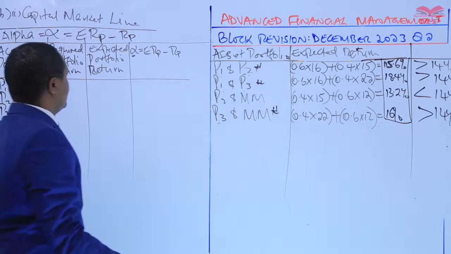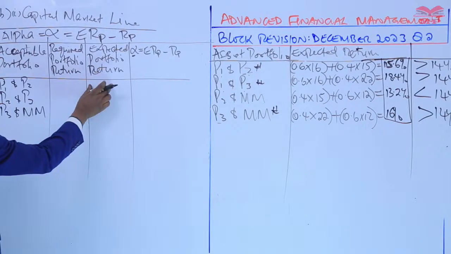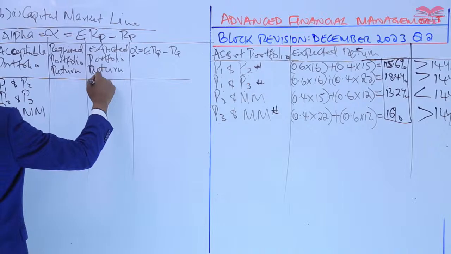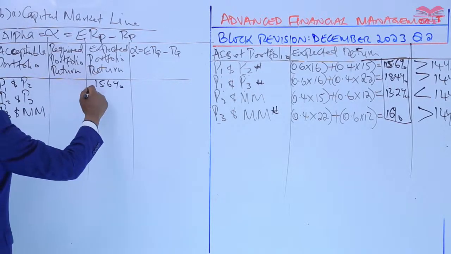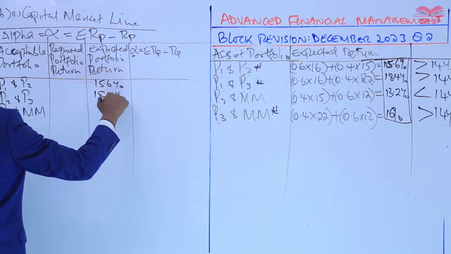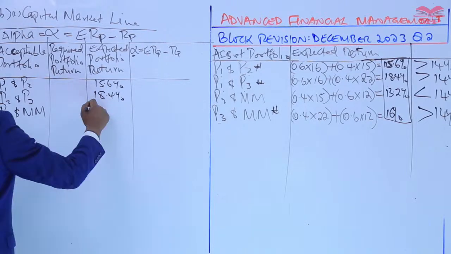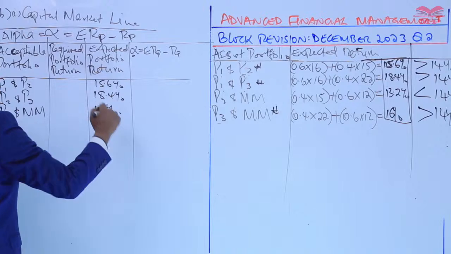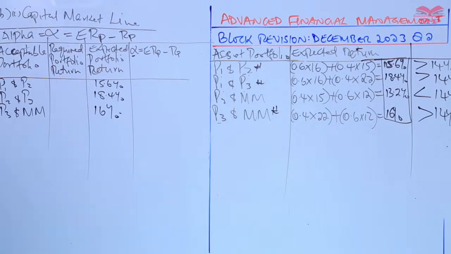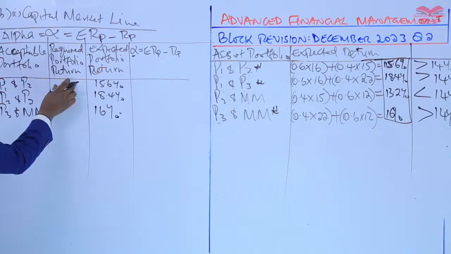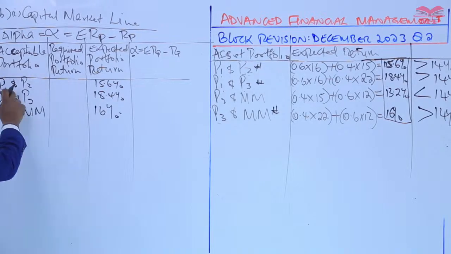So we have done this part: expected portfolio return for P1, P2, 15.6, P2, P3, 18.4, then P3 and money market, 16%.